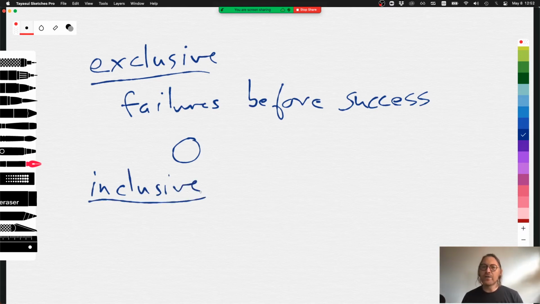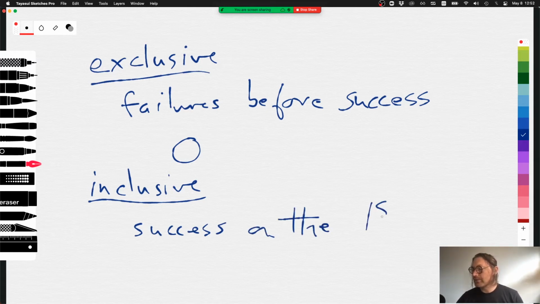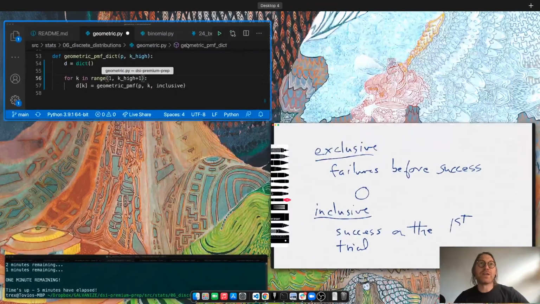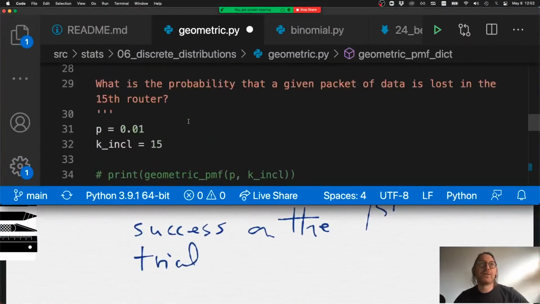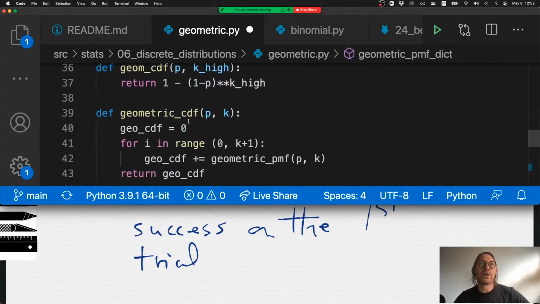If we're talking inclusive, then what we're really talking about is the first instance could be success on the first trial, okay? So that's subtle, and it's a semantic difference, and it is important. So we should not include 0, and that was my mistake in the CDF up here.